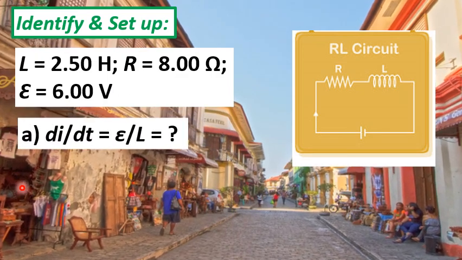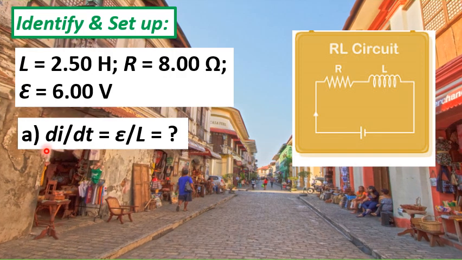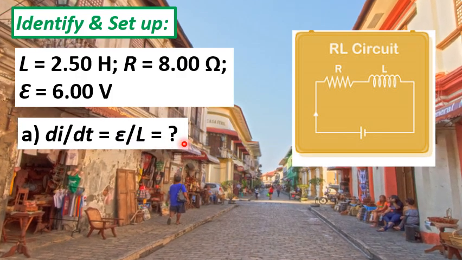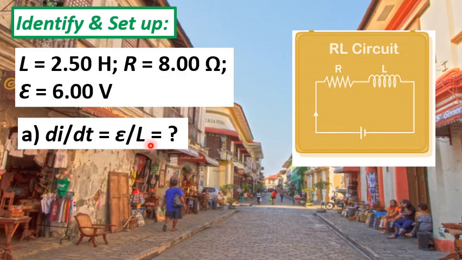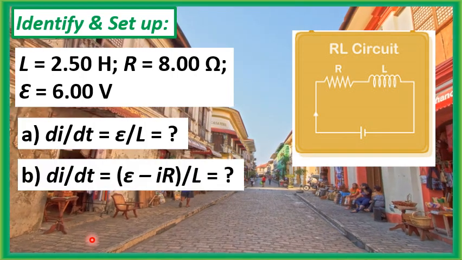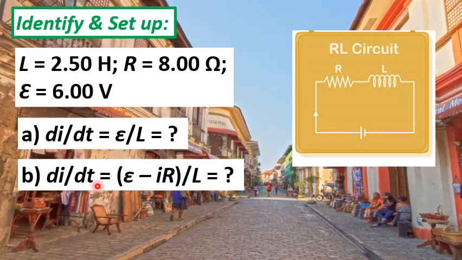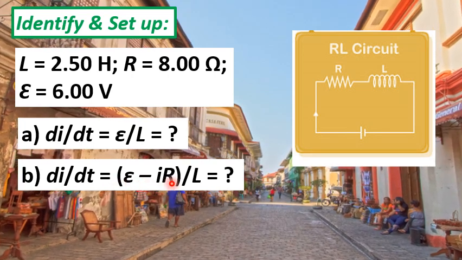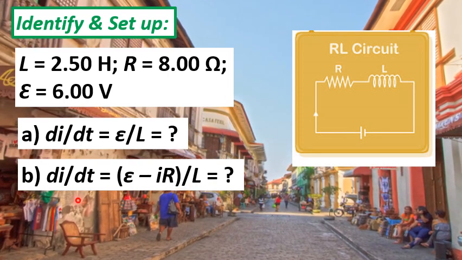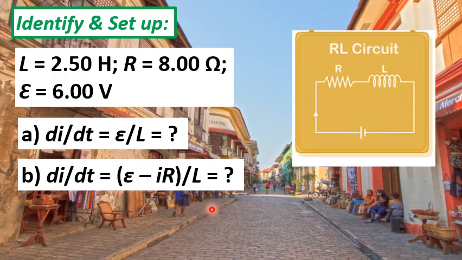So our first target variable is the rate of increase in the current denoted by di over dt, which can easily be computed by just dividing the amount of EMF epsilon by the amount of inductance, capital L. And secondly, we also want to determine the rate of increase in the current at a time when the amount of current is given, equal to 0.500 amperes.